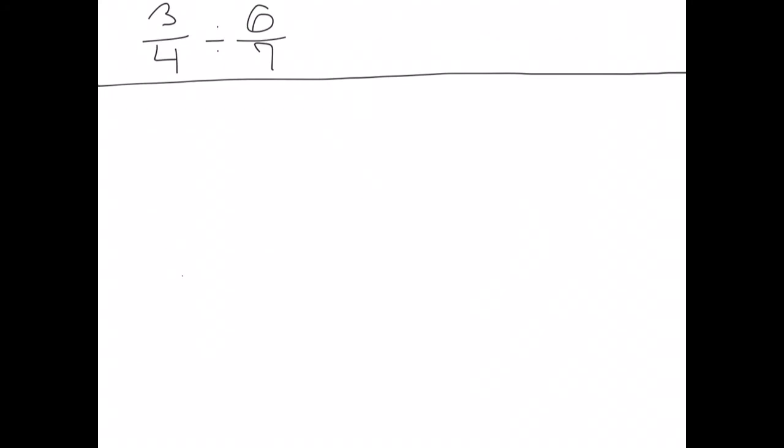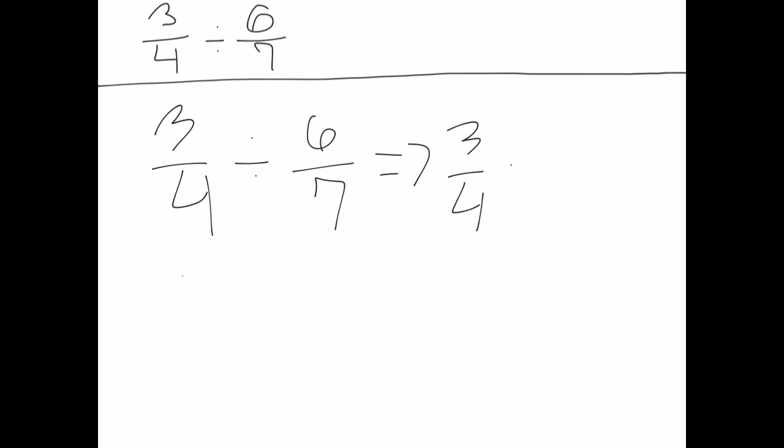To divide 3/4 and 6/7, first you'll have to keep the first fraction the same, flip the sign to multiplication, and flip the other fraction. So then we have 3 times 7 over 4 times 6.